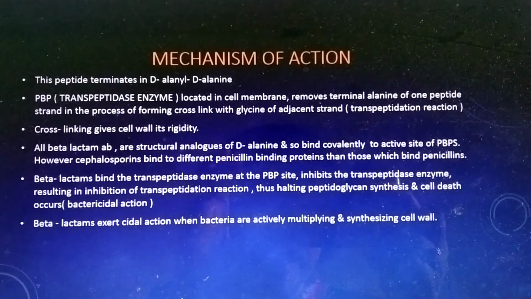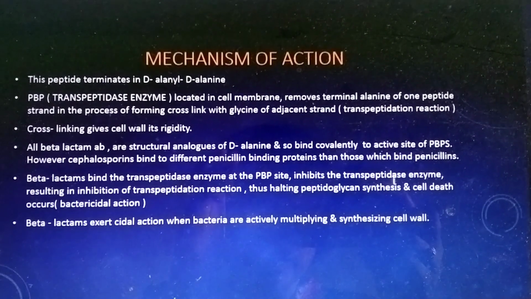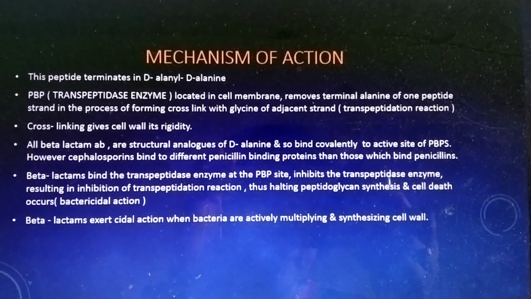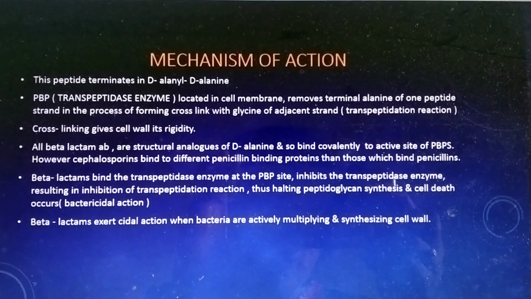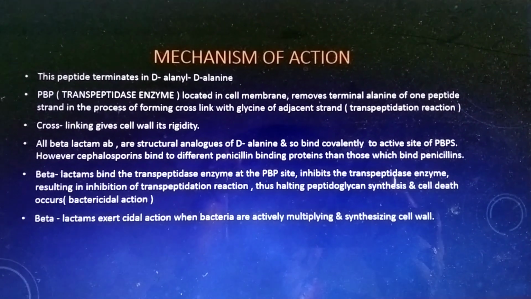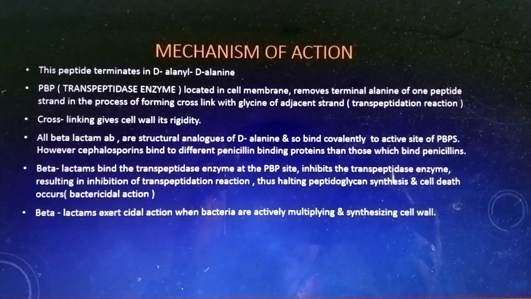Now penicillin binding protein is a transpeptidase enzyme which is located in the cell membrane and removes the terminal alanine of one peptide strand in the process of forming cross-link with the glycine of adjacent strand. This is known as the transpeptidation reaction.